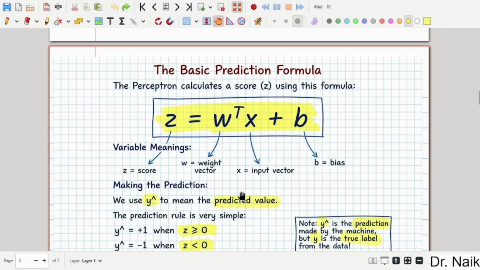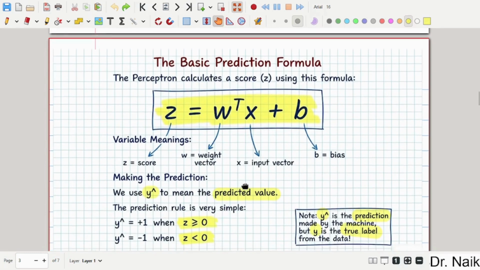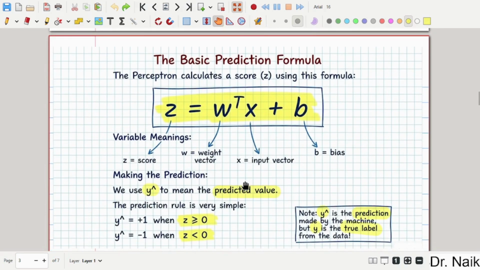Now understand the basic prediction formula. The perceptron calculates a score z using the formula z is equal to w transpose times x plus b, where z is the score, w is the weight vector, x is the input vector and b is the bias.